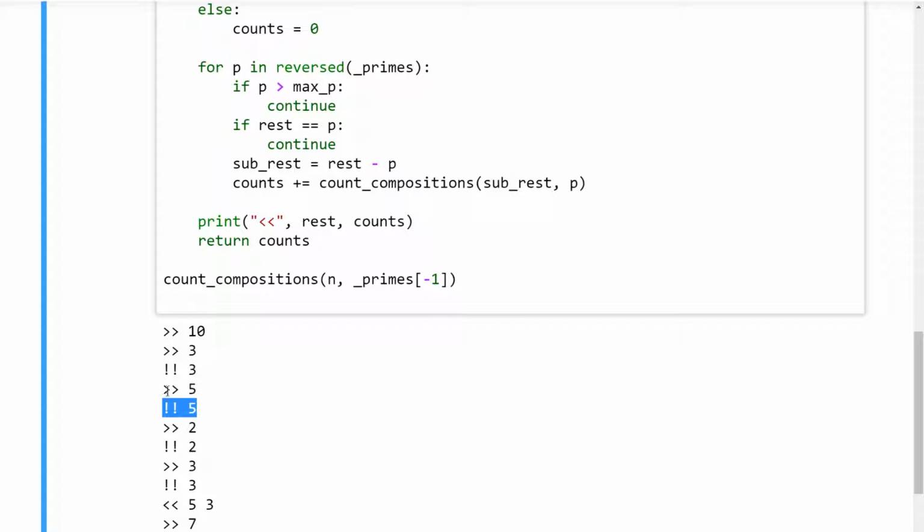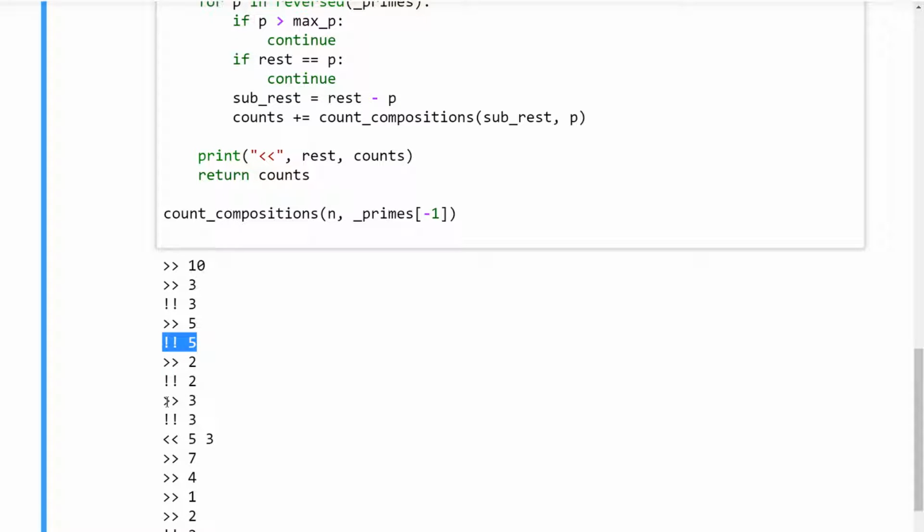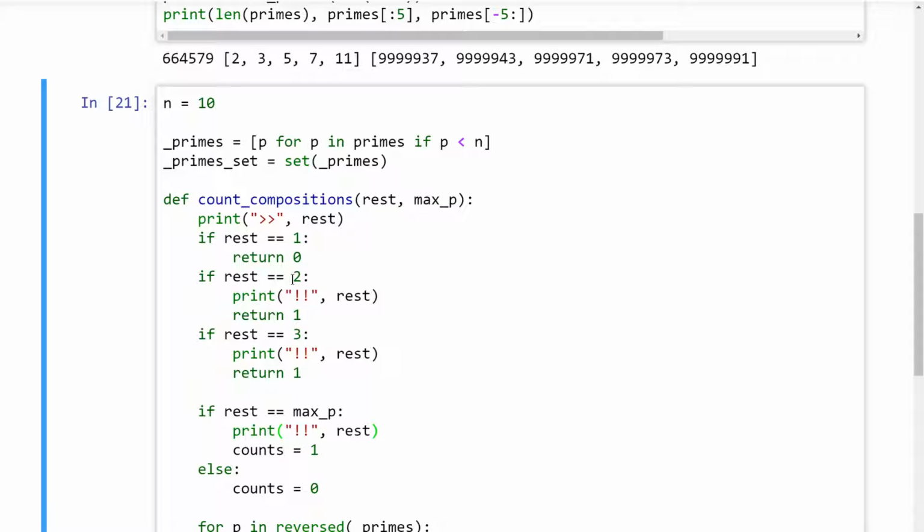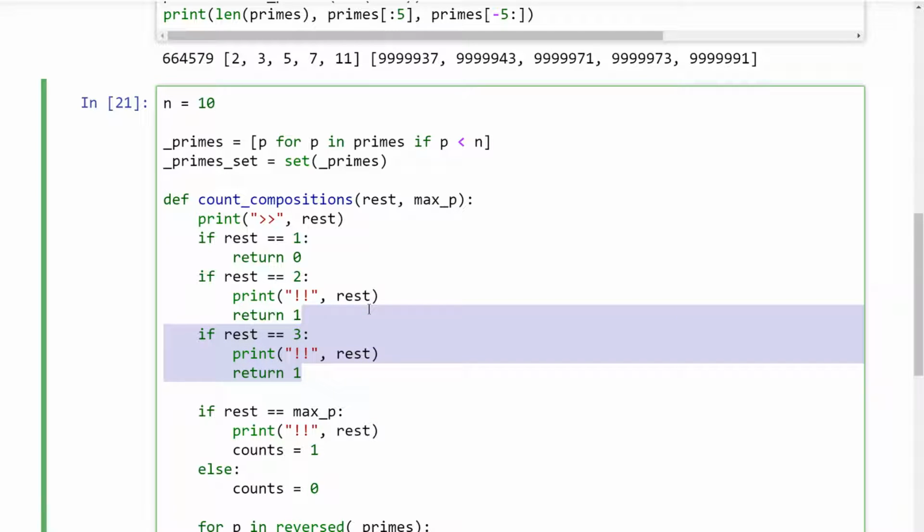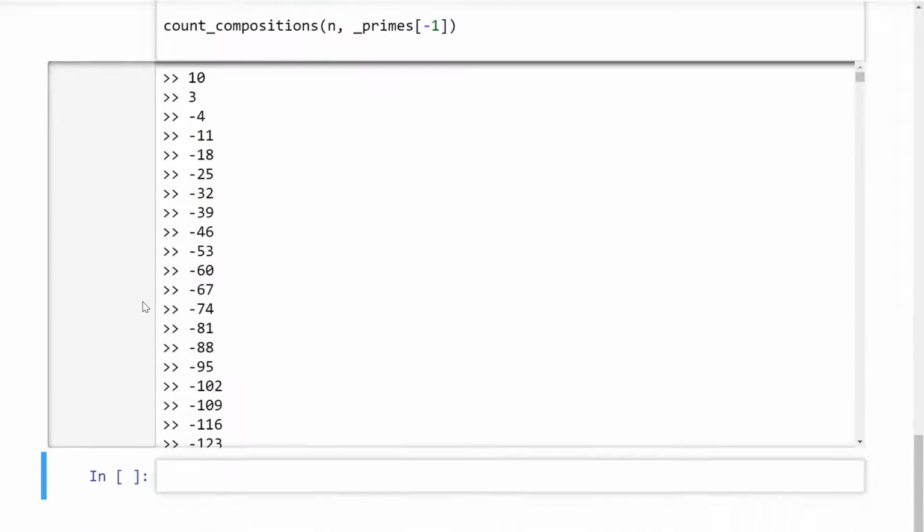So for rest 5, counting once for the 5 itself, and we're counting again for the 2 and again for the 3. Okay, so this is wrong. So I guess this is if... this is wrong. Okay, this is also wrong.